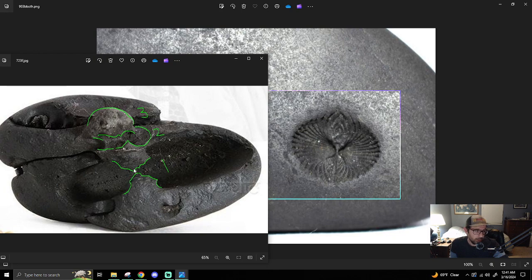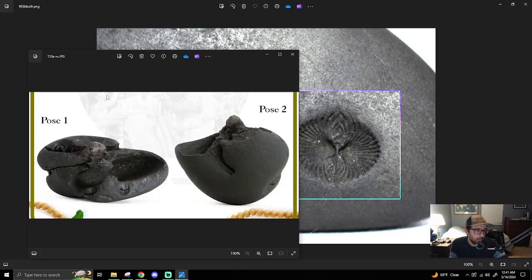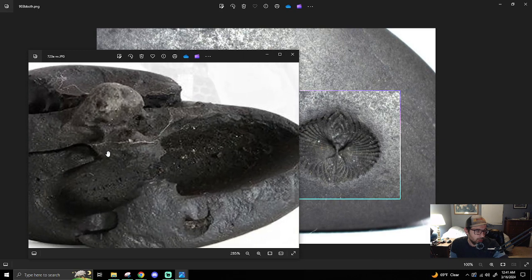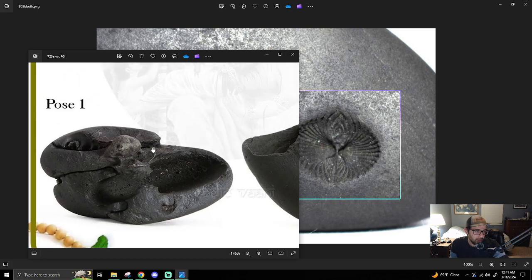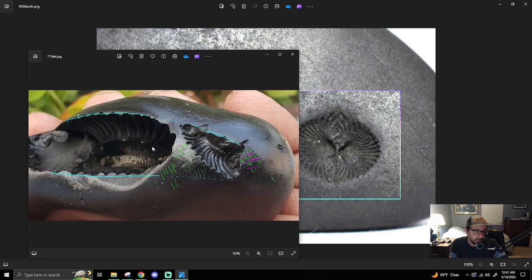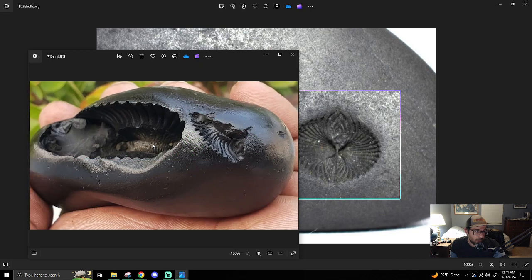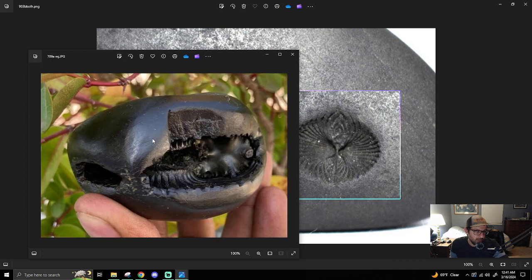Like this maybe, the way it's kind of bumpy and has layers and so on. It definitely looks like one. It just looks like one.